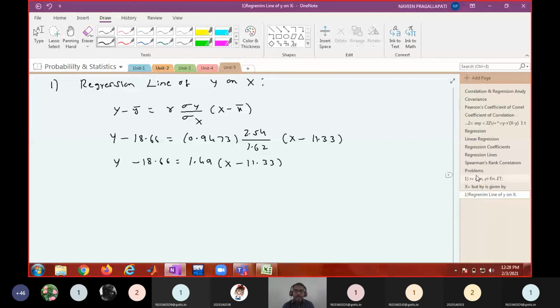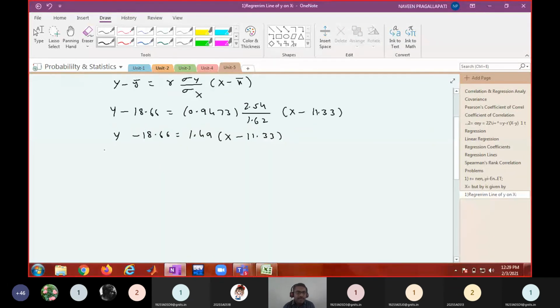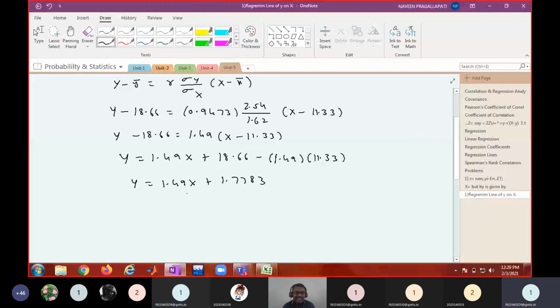So that means y equals 1.49x plus 18.66 minus 1.49 into 11.33. Simplification gives 1.7783. These two should match.